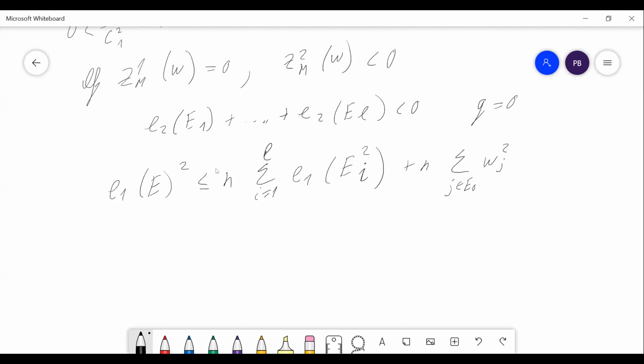And that actually just follows from the Cauchy inequality.